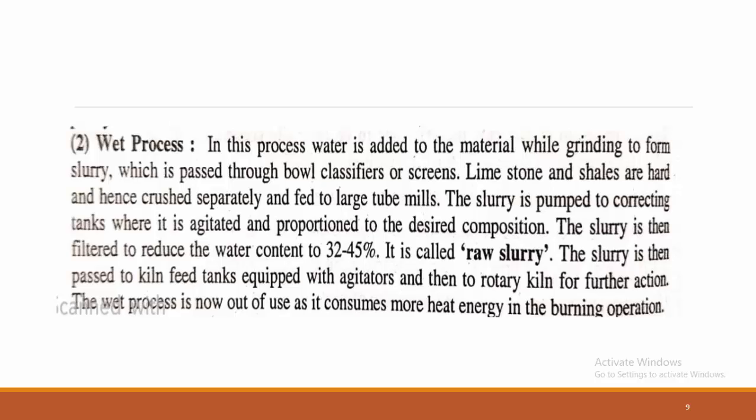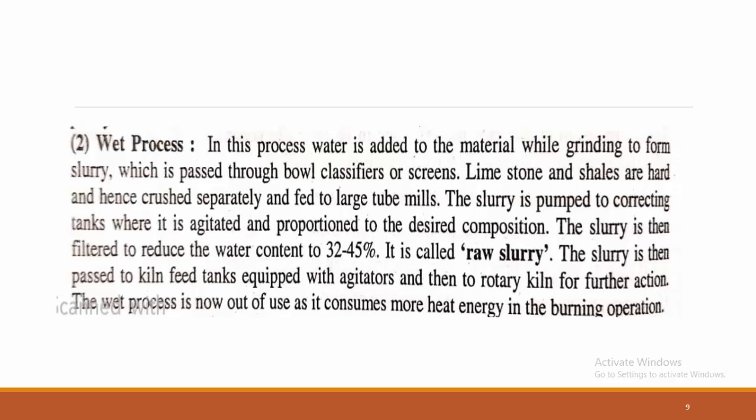Once water is added, the whole mixture is wetted and forms a slurry, which is then filtered to reduce the water content to 32 to 45%. This is called the raw slurry. The water content is reduced to 32 to 45%, where you require thermal energy.